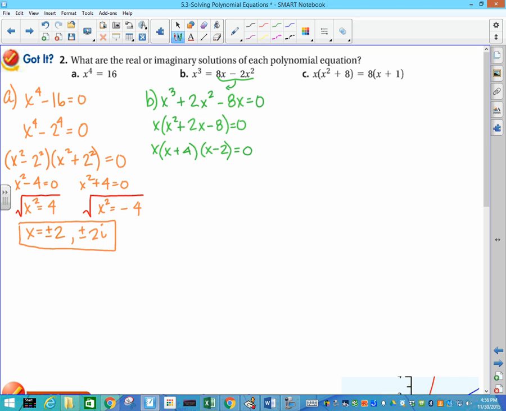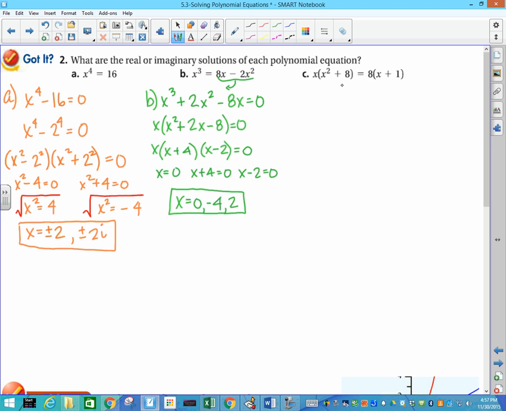And then I set each factor equal to 0. X equals 0. X plus 4 equals 0. X minus 2 equals 0. And so x equals 0. If I take that over, that's going to be a negative 4. And if I take that over, that's going to be a positive 2. So those are my zeros.